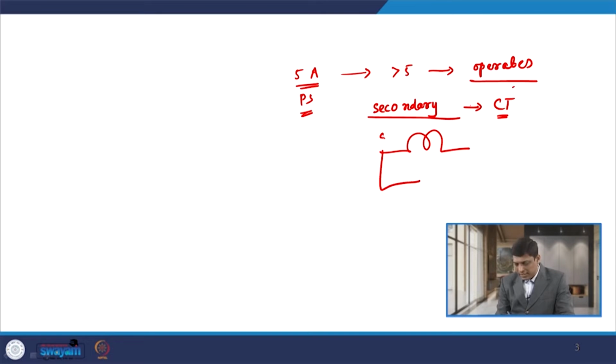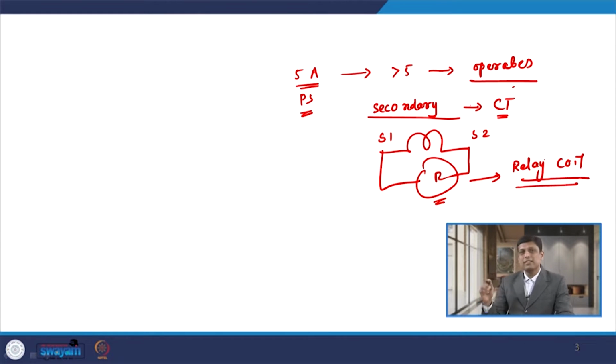Let us say its terminals are S1 and S2, the two secondary terminals of the CT. So, the relay is always connected across S1 and S2, which means the relay coil is connected across the secondary of the CT and PT.